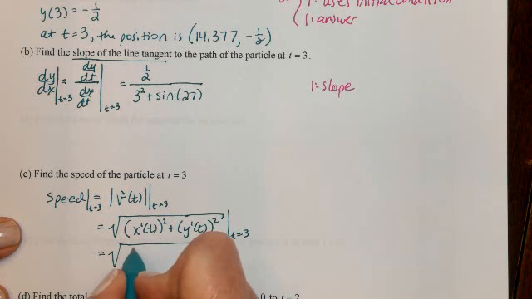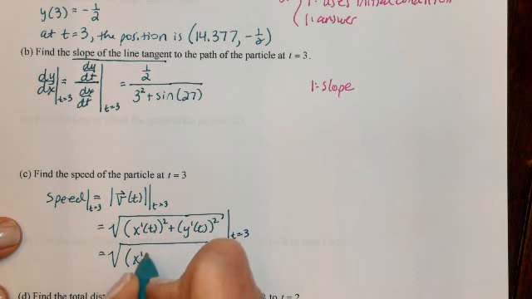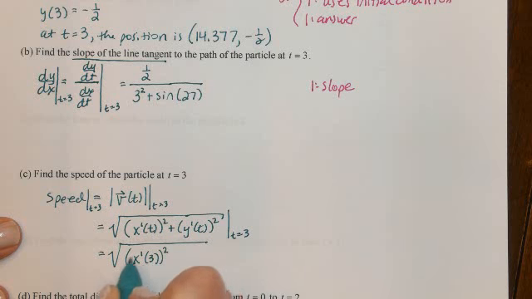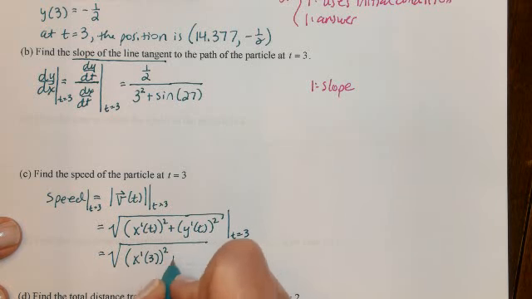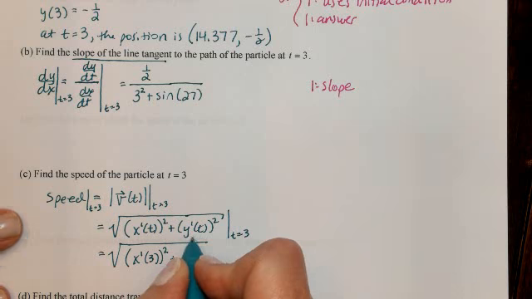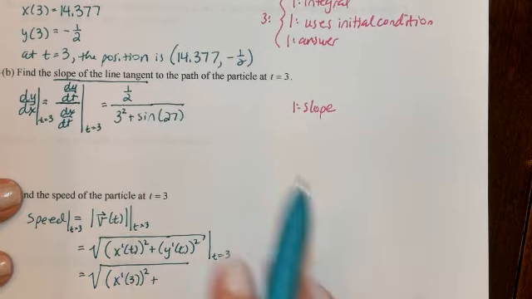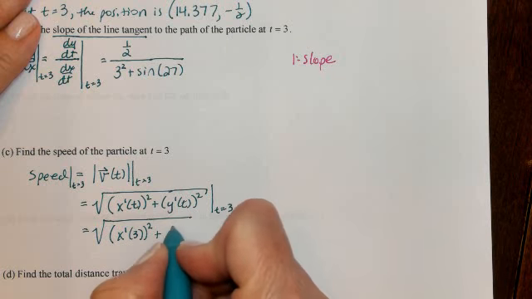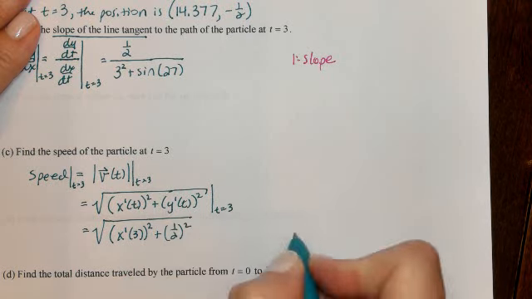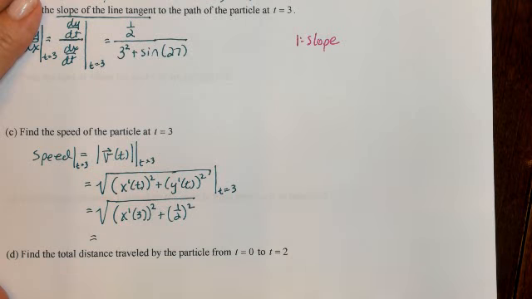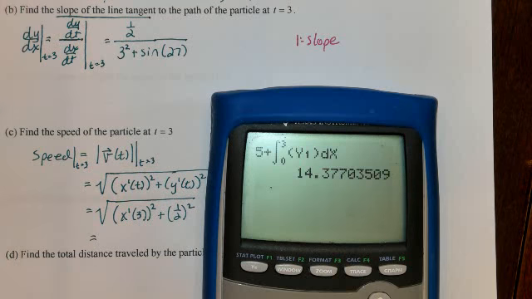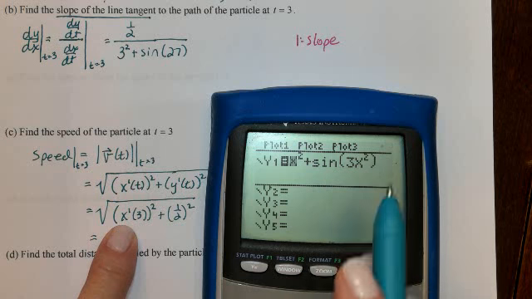Well, at time 3, this will be x prime of 3. I can use my calculator to get that. For y prime at 3, I can go and look at my graph. Y prime at 3, well, I found that up here. That was my 1/2, right? So this will be 1/2 squared. And now I can go and use my calculator. So the square root of x prime of 3 squared, right? X prime is stored into my y1.